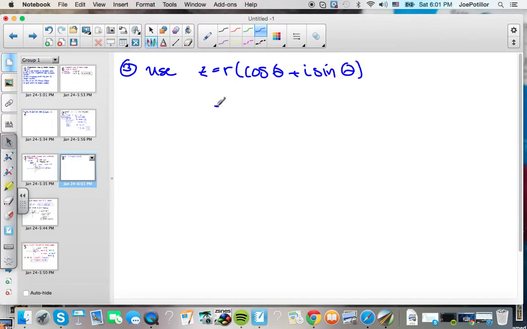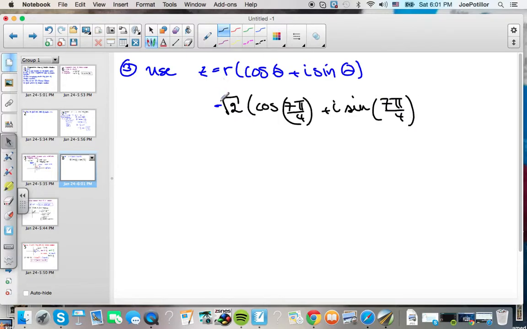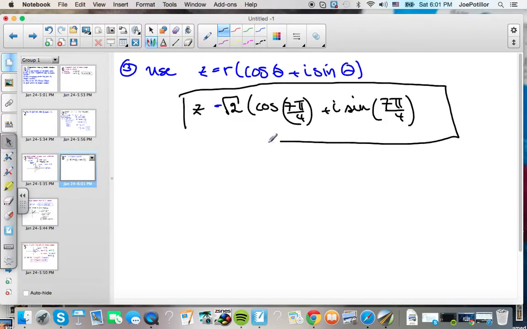So it's going to equal r, which we found is the square root of 2, times cosine of 7 pi over 4 plus i sine of 7 pi divided by 4. And this is our z, and that's all there is to it. We don't really need the parentheses there, I just put them there for emphasis, I suppose. So that's how we convert it from the standard form to its trigonometric form.